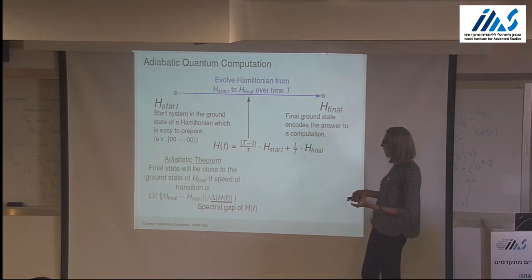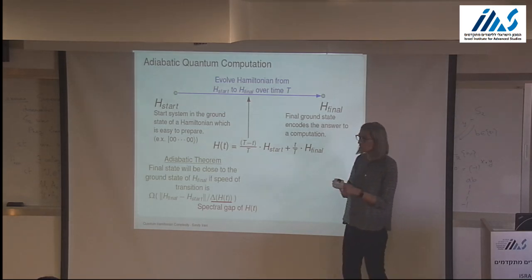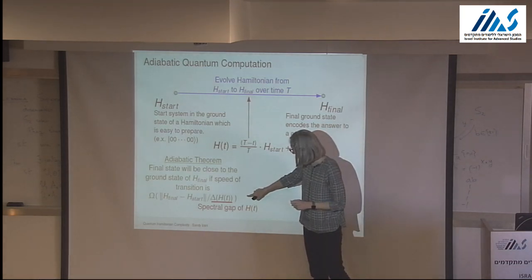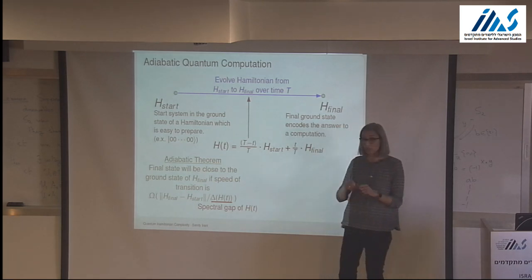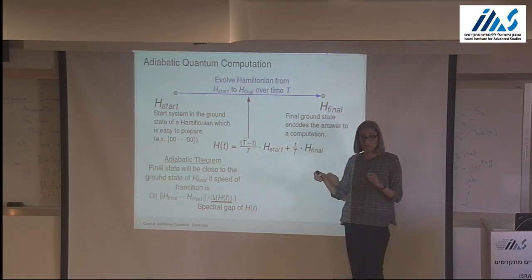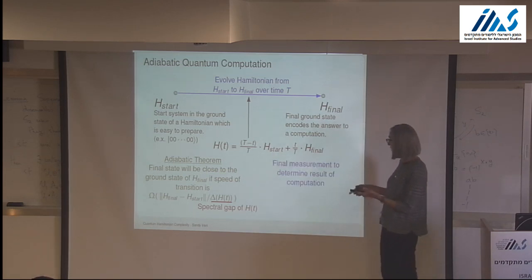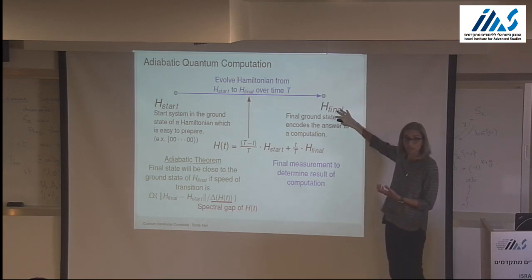And the adiabatic theorem tells us that as long as your pace is at least as slow as 1 over the spectral gap of your Hamiltonian, you'll stay close to the ground state. Okay, and the final measurement tells you the result of your computation. So you hope to be in the ground state of this Hamiltonian at the end, and there's some measurement that you can perform that tells you is x in my language. Okay?